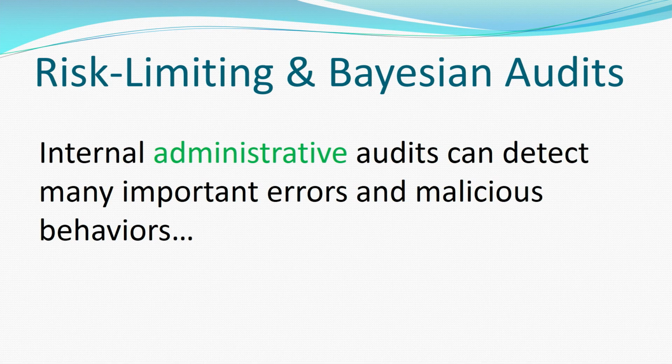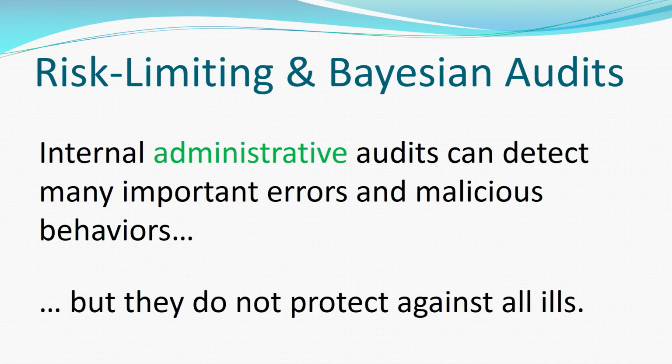I describe these audits as administrative audits. These are internal audits conducted by election administrators. And they're really good things to have. I want them done everywhere, but they're not perfect. There are some things missing, and I'm going to talk about some deficiencies and some alternatives.